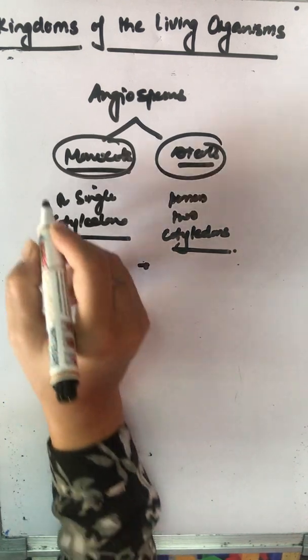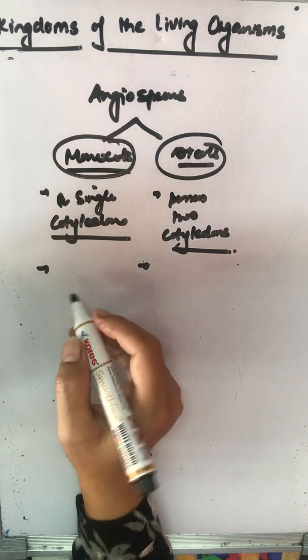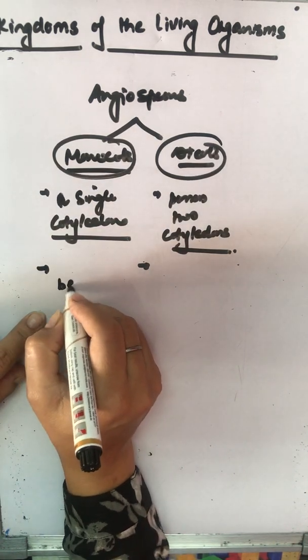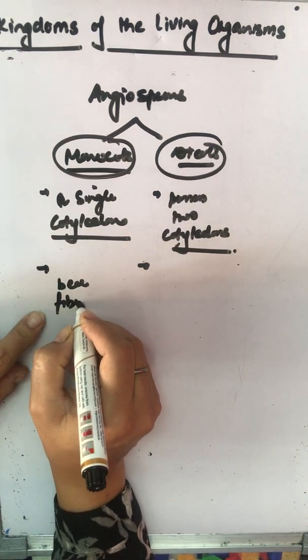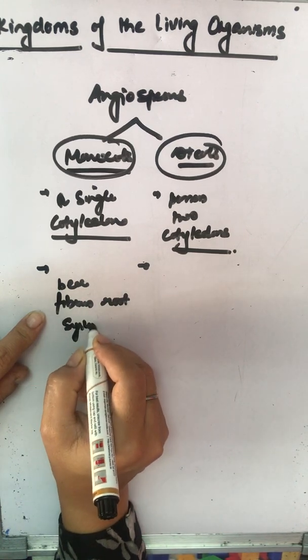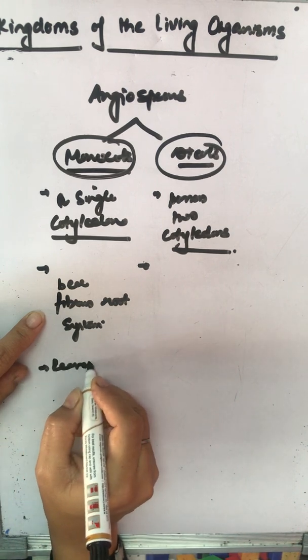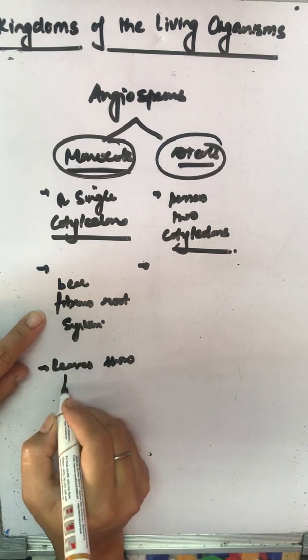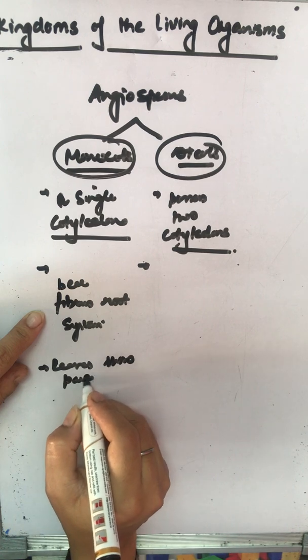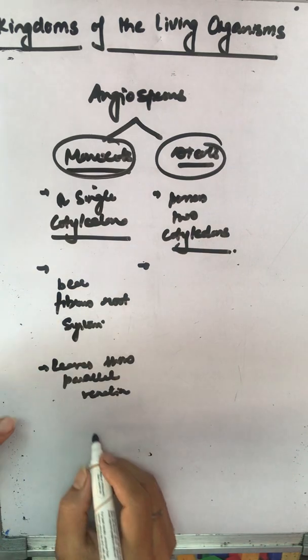There are two more differences when we have to differentiate monocots and dicots. Monocots bear a fibrous root system, and leaves show parallel venation. What is this fibrous system?